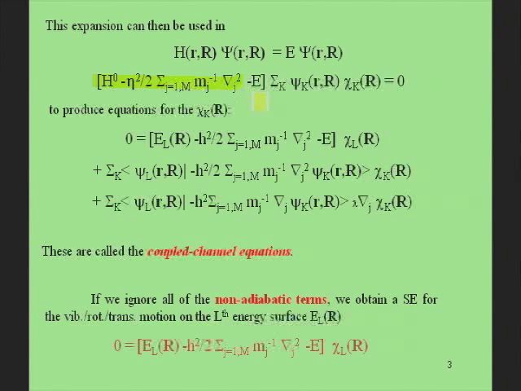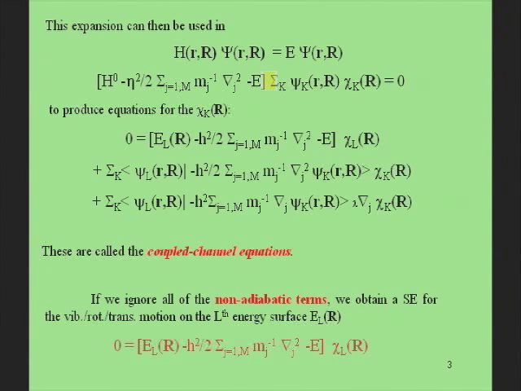So this is H minus E times the summation of psi k chi k equals 0. That's the full Schrodinger equation. Take that equation, multiply through on the left by psi L star, and integrate over the positions of the electrons only. Why am I doing the electron-only integration? Because these psi k's and psi l's are eigenfunctions of H0, which is an operator in electronic coordinates.